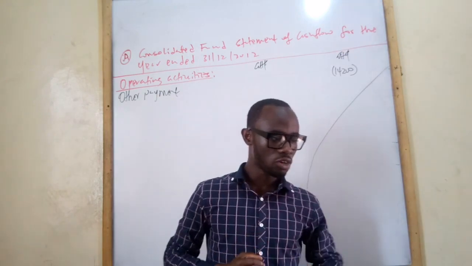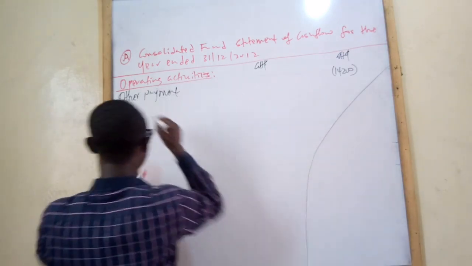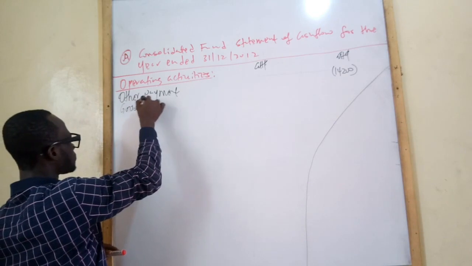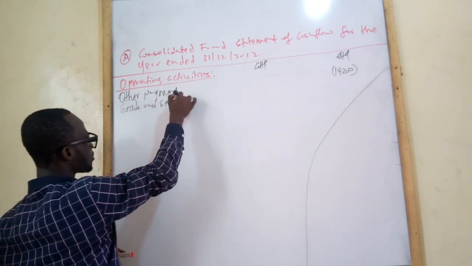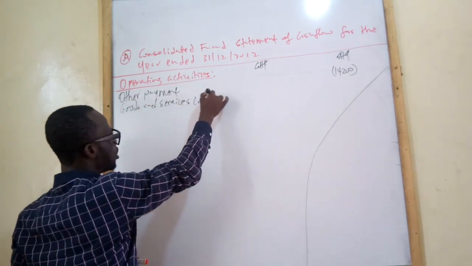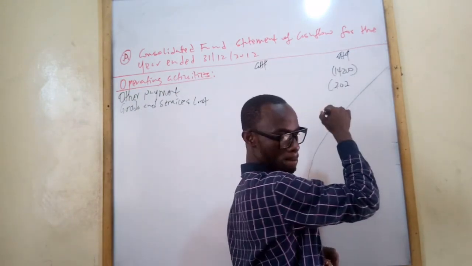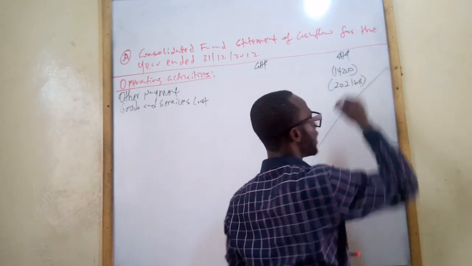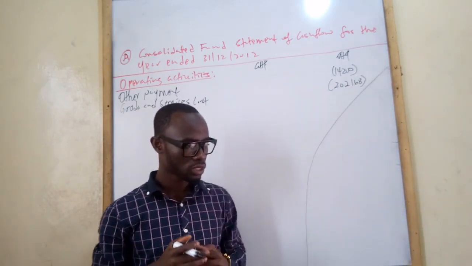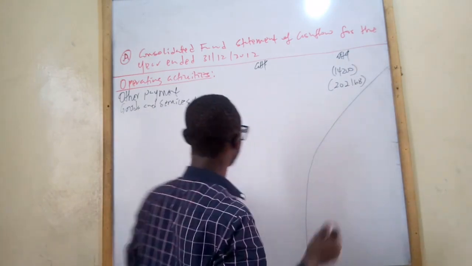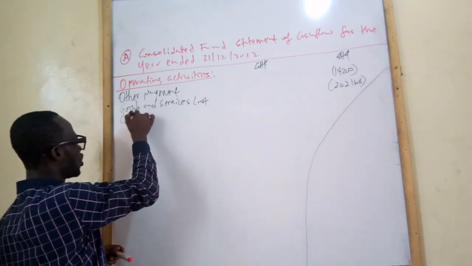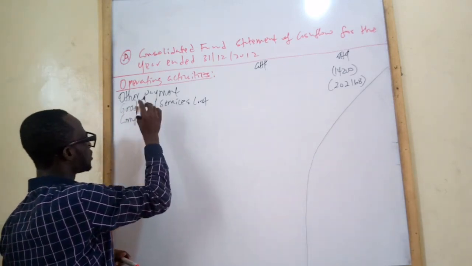Then we are also given goods and services cost. So we bring that. Goods and services cost, that is 202,168. That is also a cash outflow. Compensation of employees. It is part of the core activities of the consolidated fund.